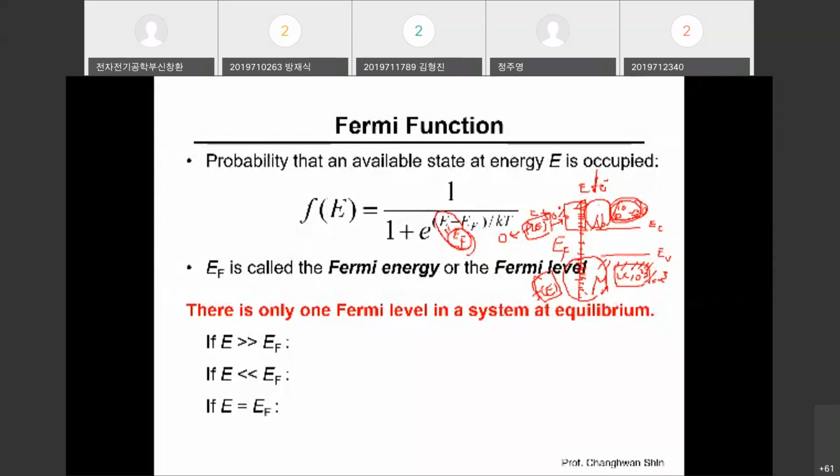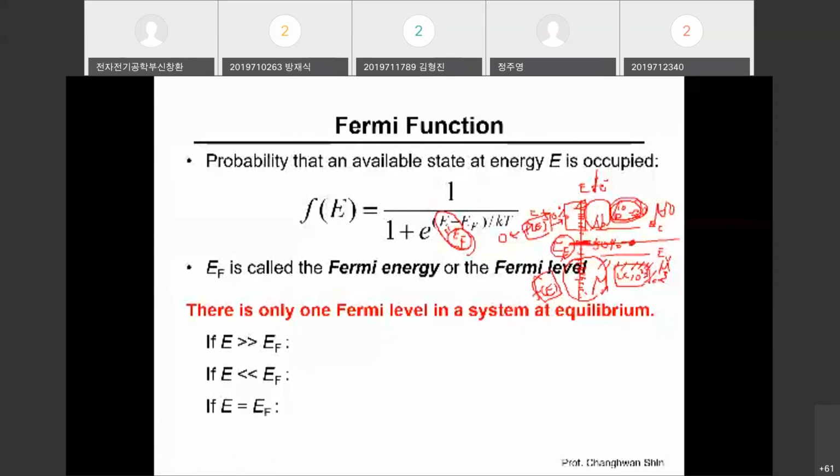The answer would be here, because there are no electrons and no electron states. So mid gap, in the middle of it, this energy state would correspond to the Fermi energy level.